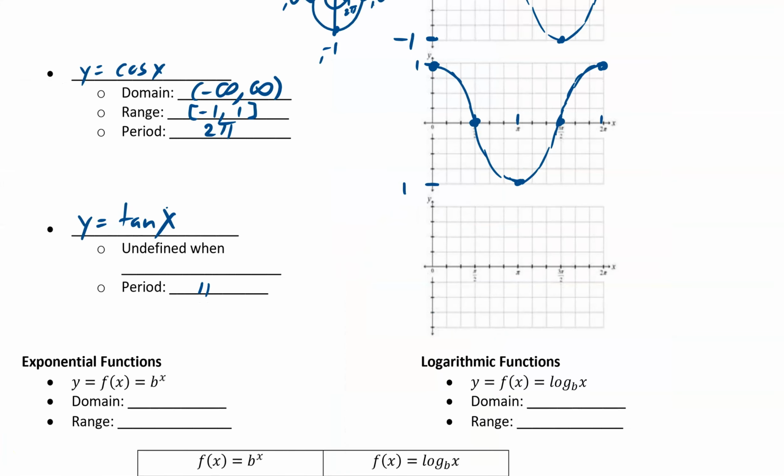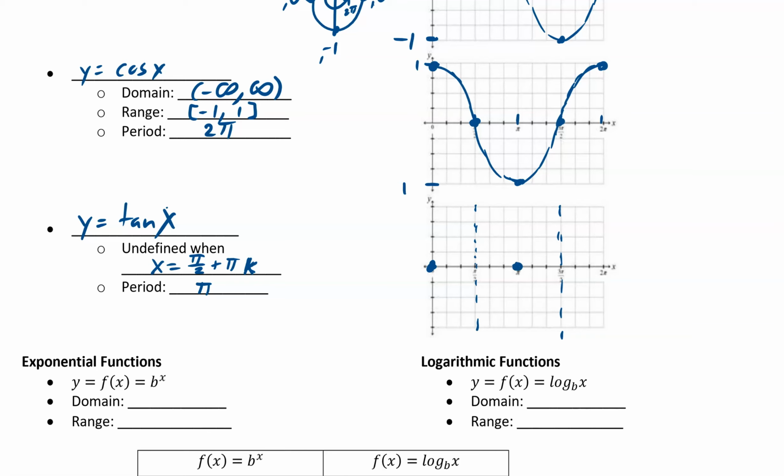So tangent's period is pi because it goes from negative pi over 2 to pi over 2. So we know here at pi over 2 it's undefined. And if its period's pi, then we're going to get an undefined at pi over 2 plus pi k, where k is an integer. So every pi it's going to repeat. So pi units later we get another undefined, and then pi units later the same thing.